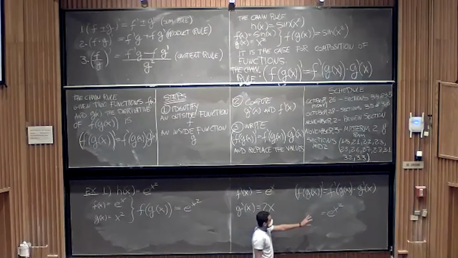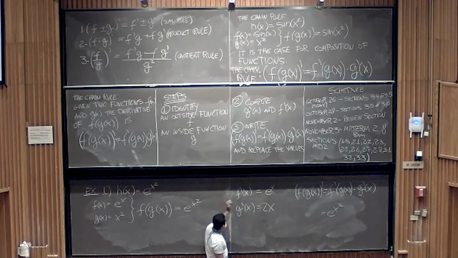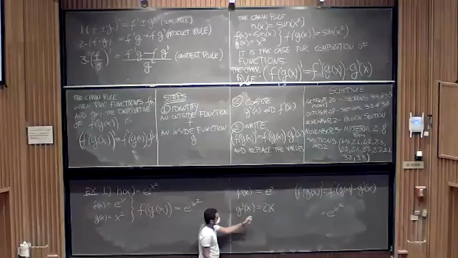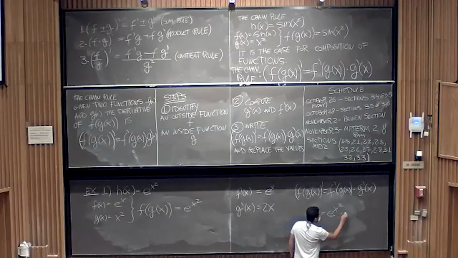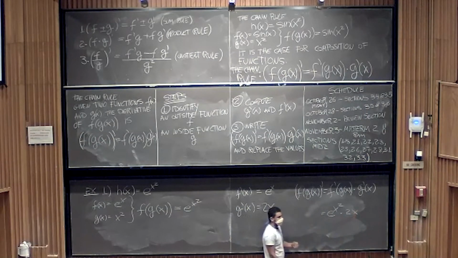That's exactly what I'm doing, taking the function f prime and plugging g inside here. It's going to be e to the power g, and g is x squared. Great. Times the derivative of g. That's 2x. So times 2x, and that's my answer.